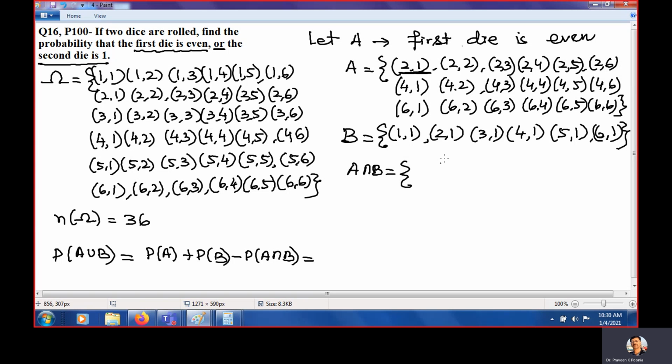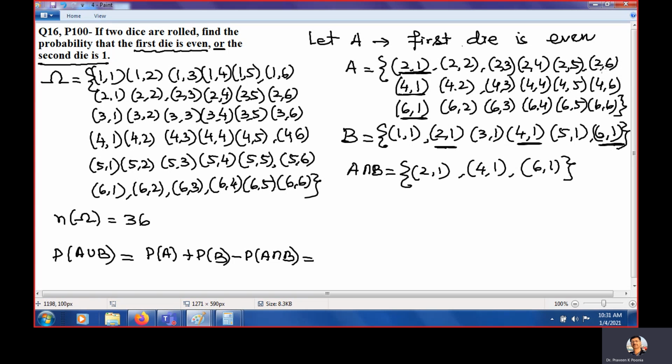Yes, 21, 41, 61. These are the common events: 21, 41, and 61.